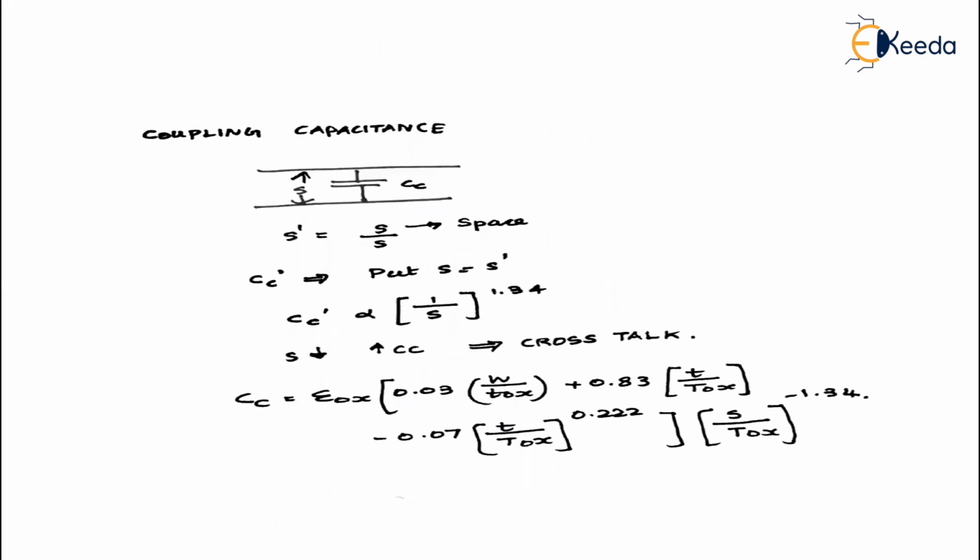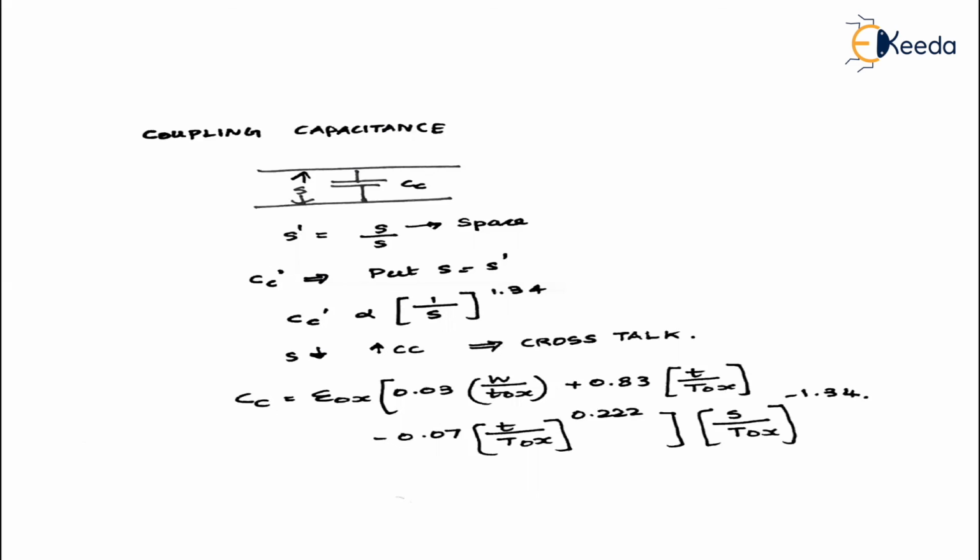Now, if I reduce the space between the interconnects, consider there are two interconnects, we know that there will be a coupling capacitance associated between them. I can write that the newer S dash is nothing but the space divided by S. And the coupling capacitance, Cc, is inversely proportional to the space.